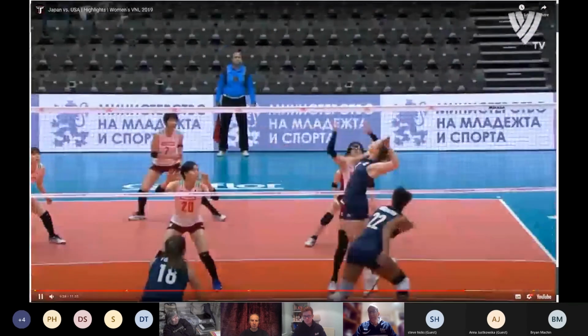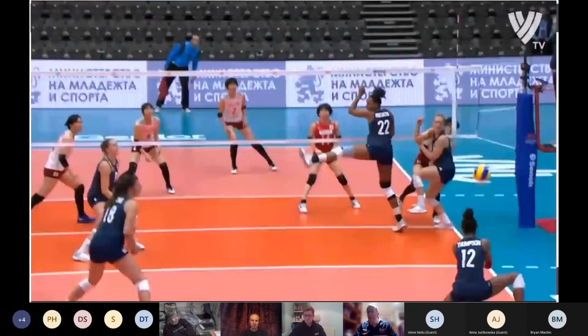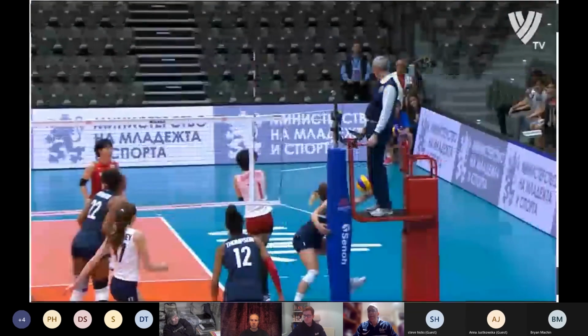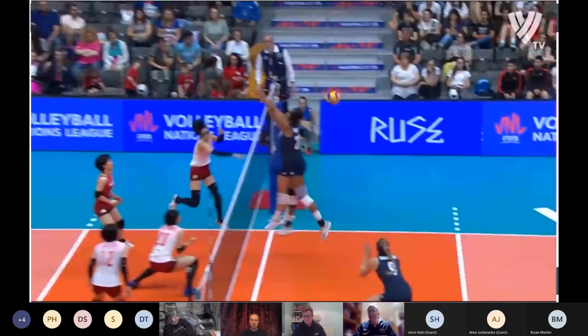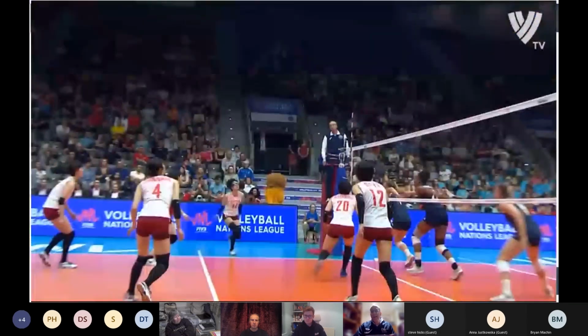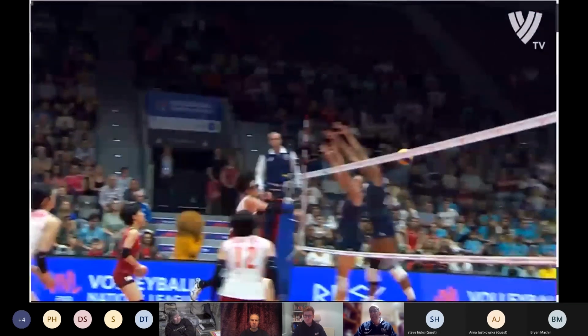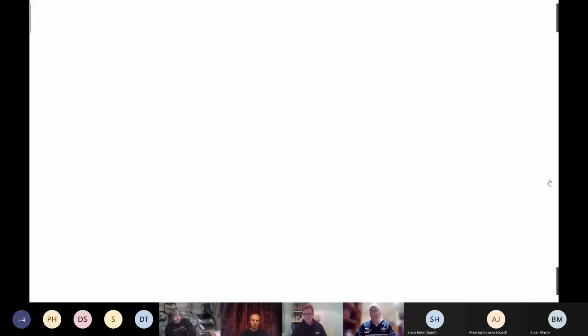Okay, it's coming up now. So the ball has gone outside the antenna. It's played back outside the antenna, and then the play can continue. So in that case, that was a clear example about when this can happen.